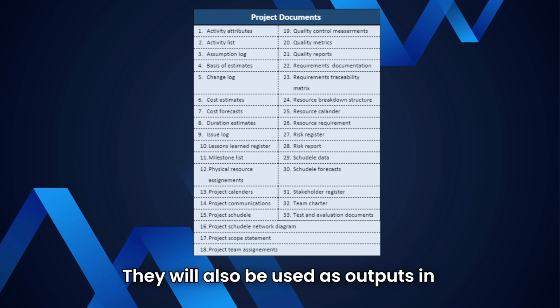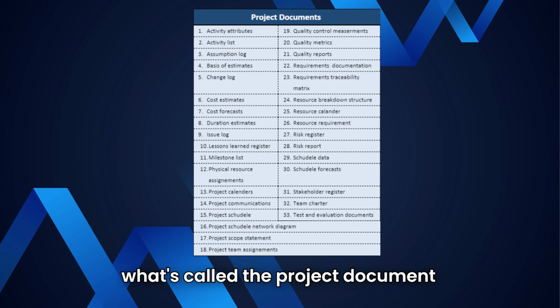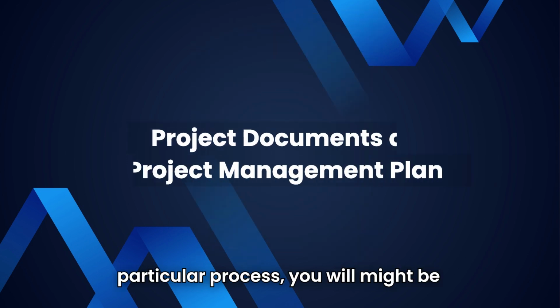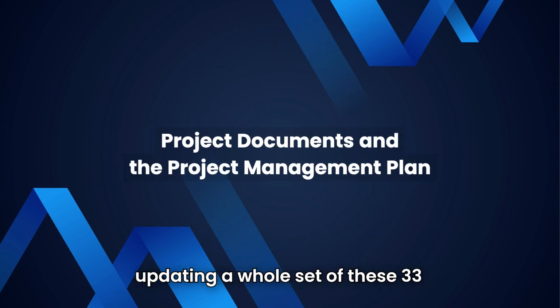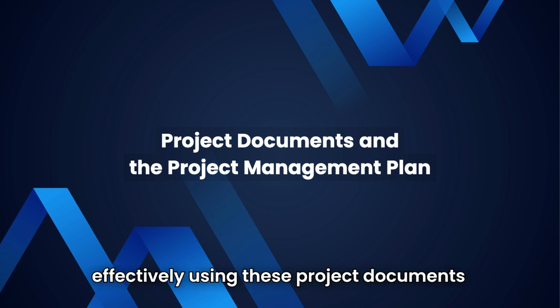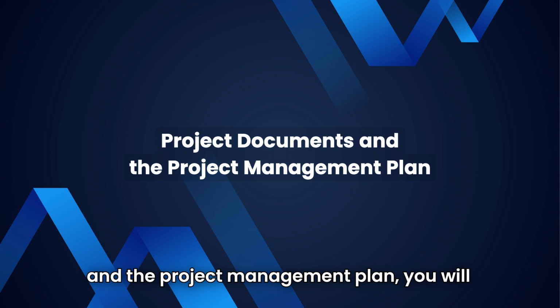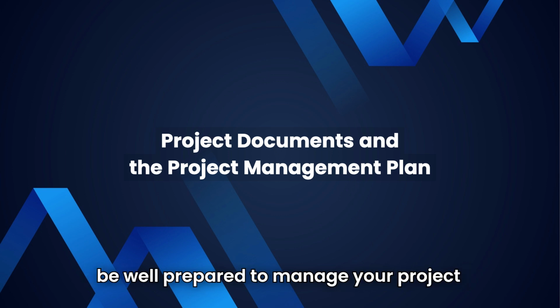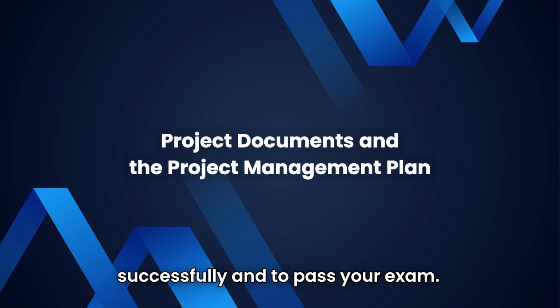They will also be used as outputs in what's called the project document updates. When you finish a particular process, you might be updating a whole set of these 33 documents. By understanding and effectively using these project documents and the project management plan, you will be well prepared to manage your project successfully and to pass your exam.